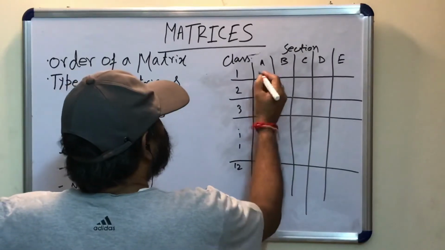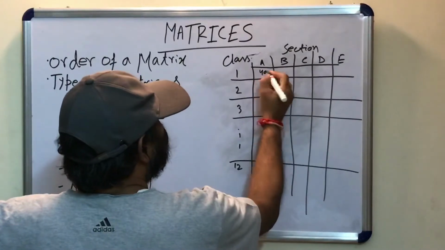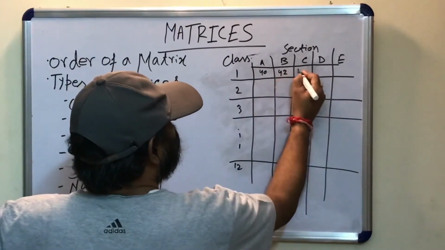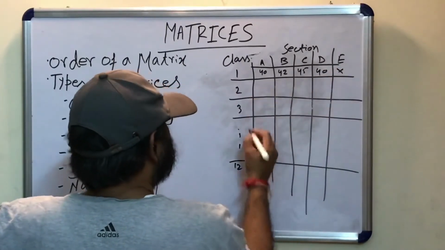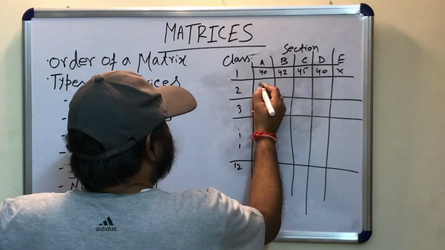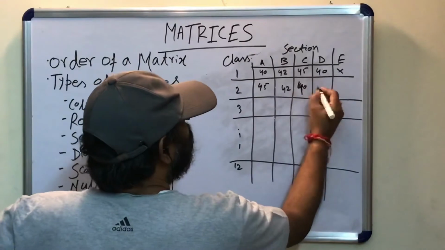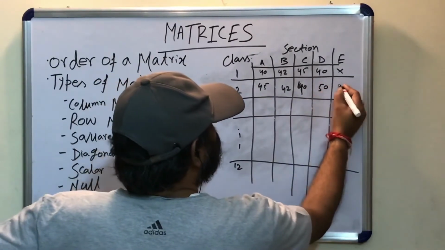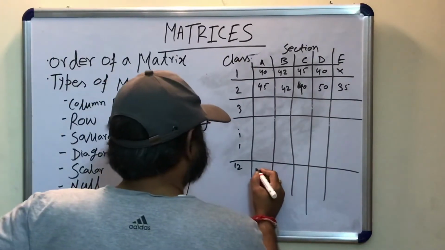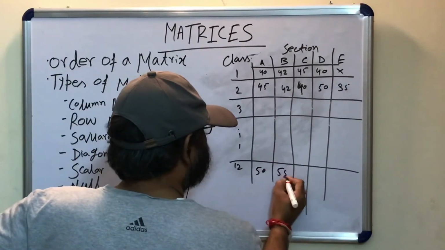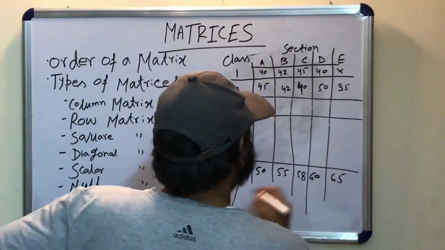Say in class 1, section A, there are 40 students, section B there are 42, section C there are 45, section D 40, and there is no section E. Class 2, again 45, 42, 40, 50, 35, like this, up to class 12 itself, 50, 55, 58, 60 and 60.